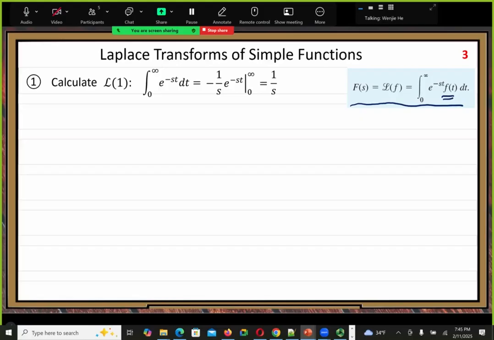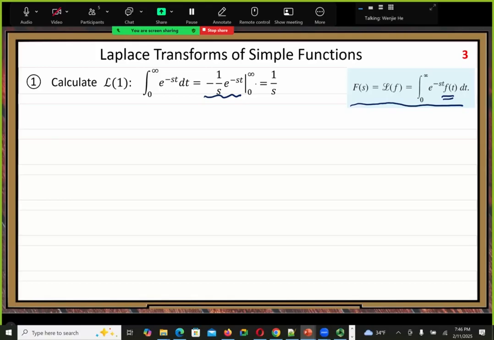Actually here we do not need integral by parts because we can find the integral directly. Then we evaluate at the two points, but at infinity, you need to use the limit. You need to use that when t approaches infinity, that e function becomes 0. Remember, here s is positive.